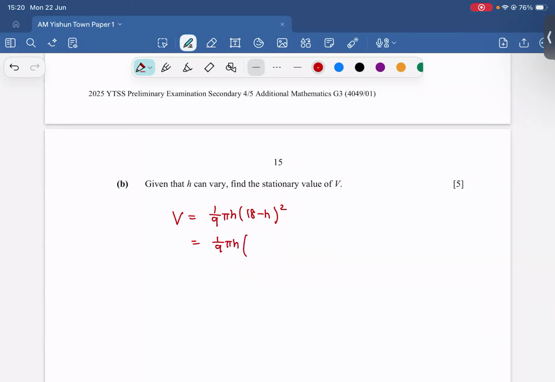So 18 squared is 324. You expand, you will get 36 pi h minus 4 pi h squared plus 1 over 9 pi h cubed.